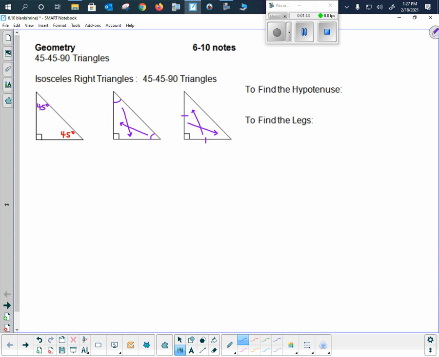Now, what you know about these that are marked the same, we want to do this in general. So in general, if we don't know this length, I'll just call it x. And since this is equal, I'll call it x also. The one part you have to memorize is that if you want to get a hypotenuse, which is the longest side, you would multiply by a number.